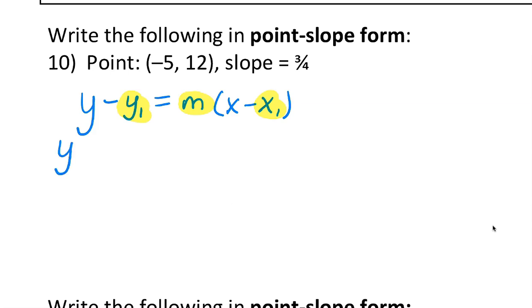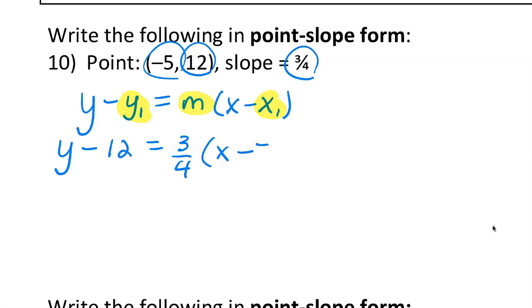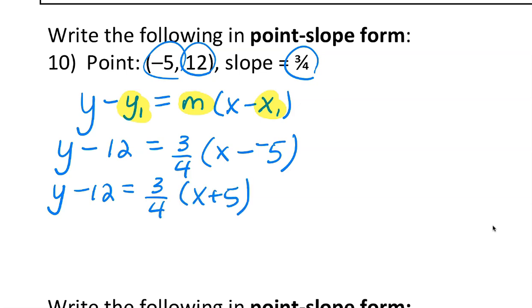So we would have y minus 12 equals the slope, 3/4, times x minus negative 5. This would be our answer. We could clean up the minus and negative a little bit, so we'd get y minus 12 equals 3/4 times quantity x plus 5. This would be the answer right here.